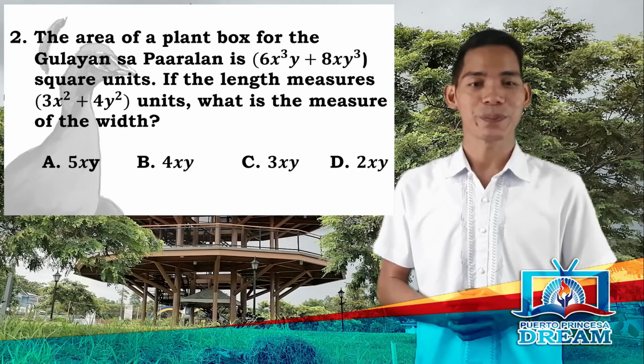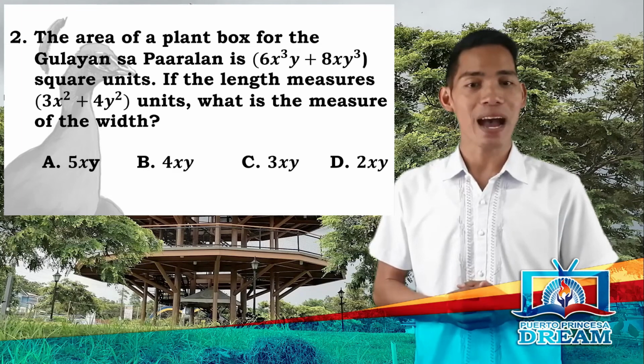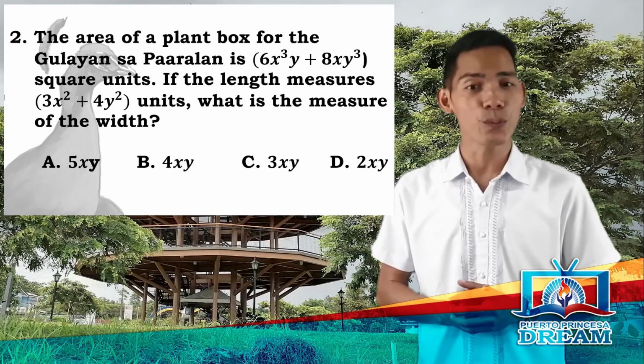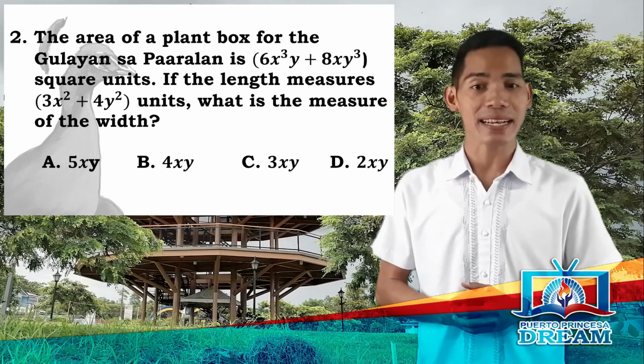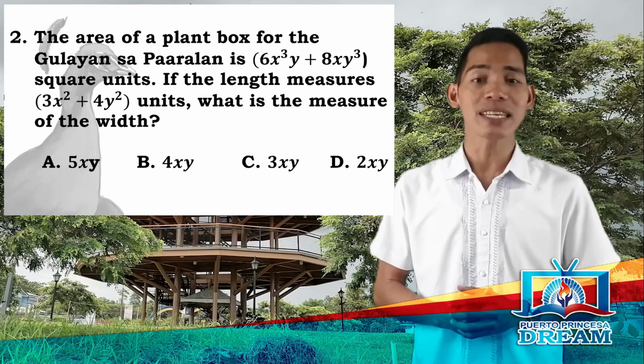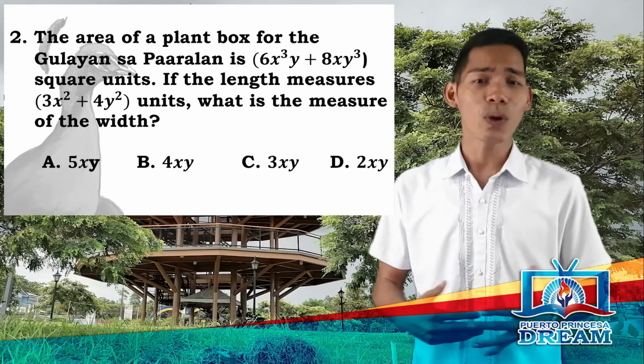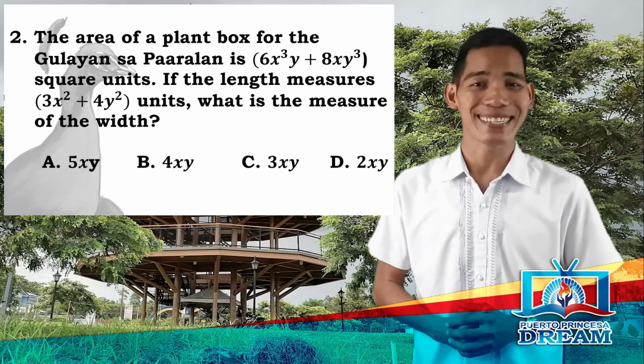Number 2, the area of a land box for the Gulayan sa Paaralan is 6x cubed y plus 8xy cubed square units. If the length measures 3x squared plus 4y cubed units, what is the measure of the width?